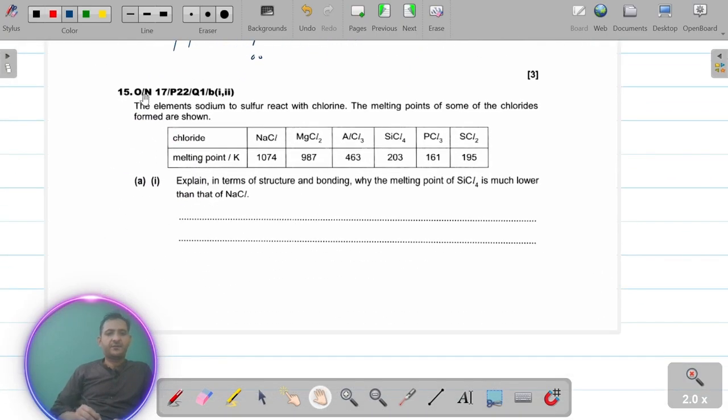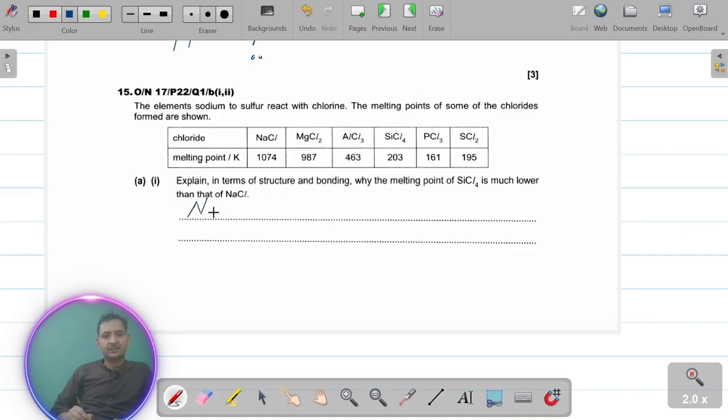So question 15, October 2017. Explain in terms of structure and bonding why the melting point of SiCl4 is much lower than NaCl. We know NaCl is an ionic compound because it is a metal and a non-metal. Silicon is a metalloid.